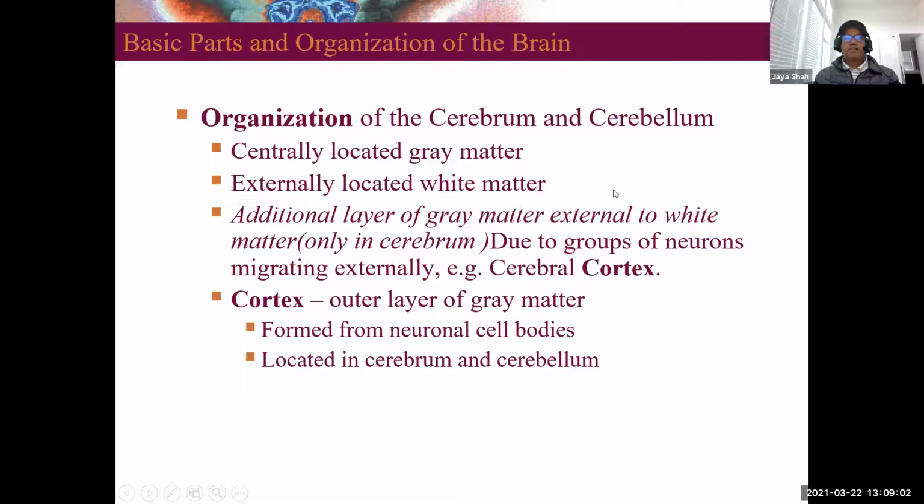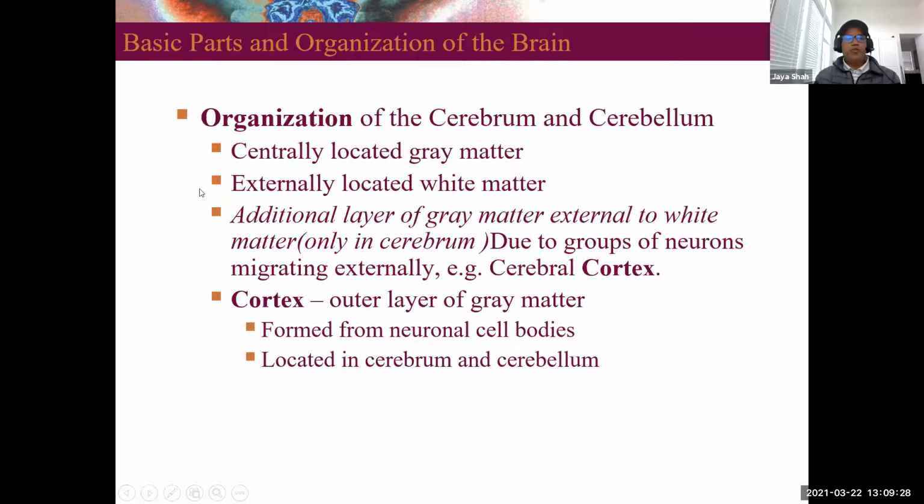Those are like the basal ganglia and diencephalon. Those are the centrally located gray matter. Then outside this centrally located gray matter, there is slightly externally located white matter.